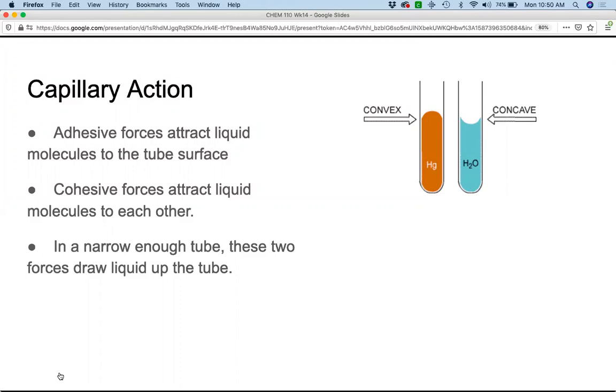Based on that, you can infer something about the attractive forces of each of these liquids. In the case of water, they are drawn to the sidewalls of the tube, and there's a greater adhesive force, whereas the force is less for mercury, which is the reason why if you've ever seen mercury move, it looks like it's almost slipping or moving really freely. That's because it has less adhesive forces.